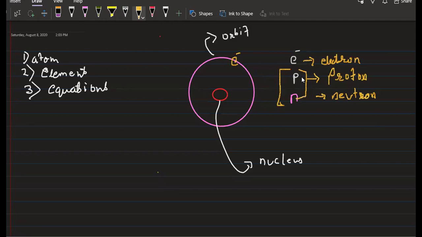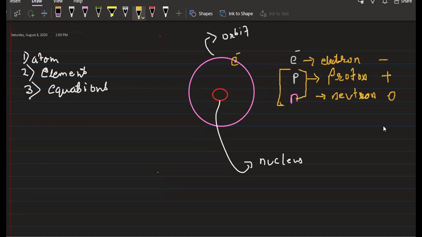Electrons and protons are your charged particles, meaning they have some charge. Electrons have negative charge, protons have positive charge, and neutron is neutral, which means zero charge.